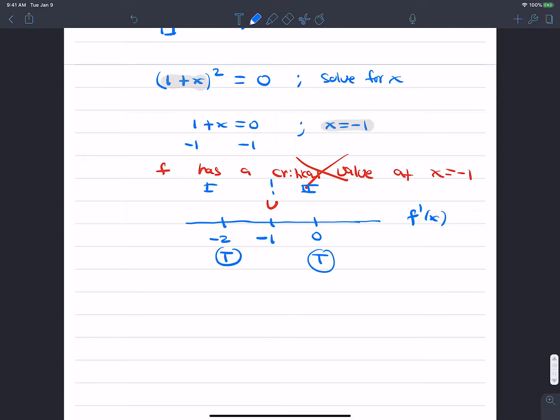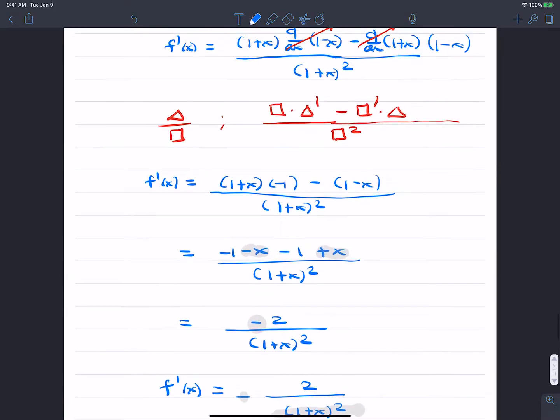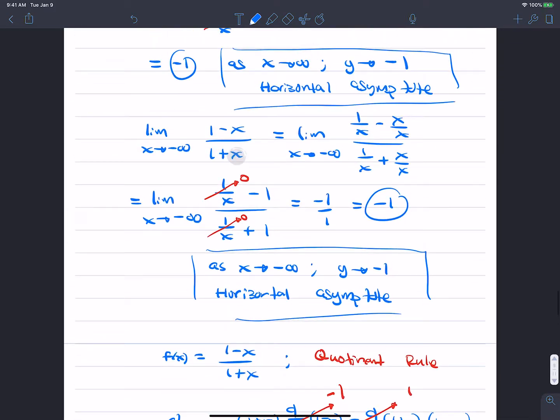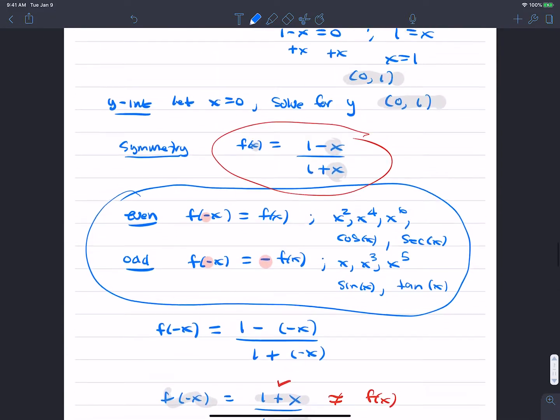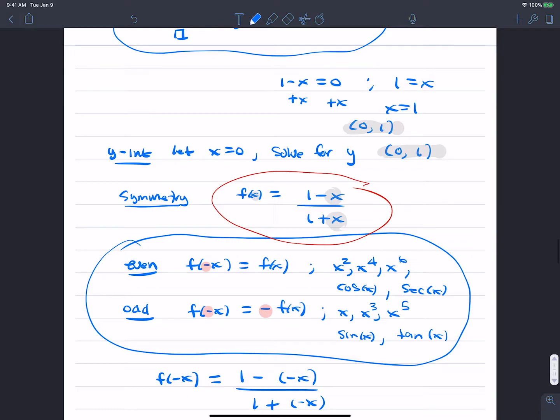But don't forget what's the domain of your function. So you always want to go back and think about that domain, right? What do we know about this function? What's so special at -1? Well, -1's not in the domain. Is that true? Okay, so it's not in the domain. What else?